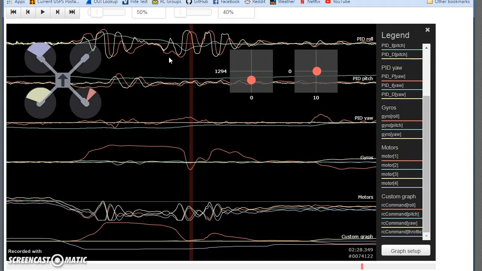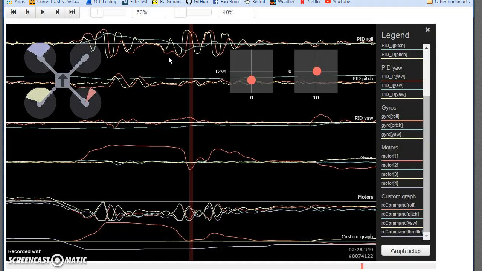So for example, I've noticed that when I do turns, my roll I term pushes out of the turn. It opposes the turn. And I've wondered whether that has to do with the fact that my battery is mounted on top of my copter, and whether as the copter tilts into the turn, it kind of wants to fall over into the turn.